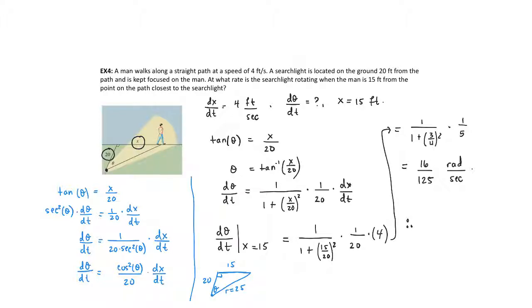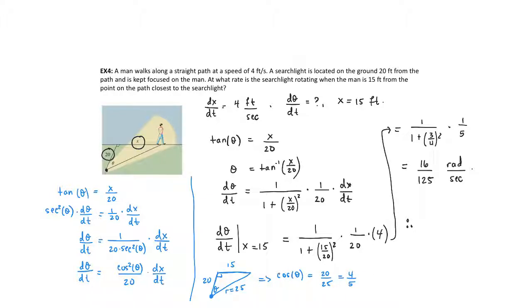That means that cosine of theta is going to be equal to the adjacent side, 20, divided by the hypotenuse, 25, which reduces to 4/5.